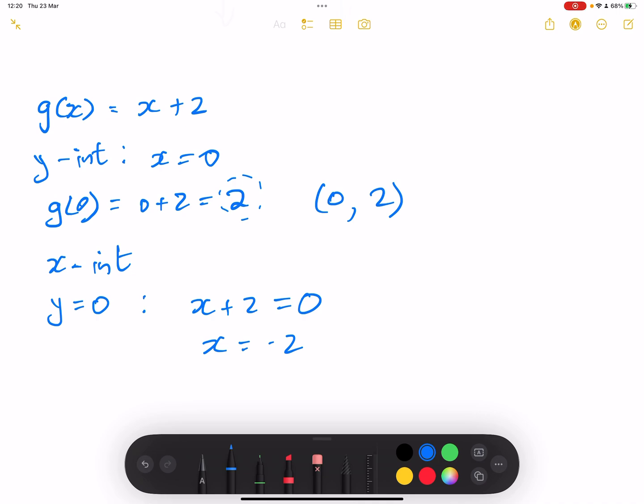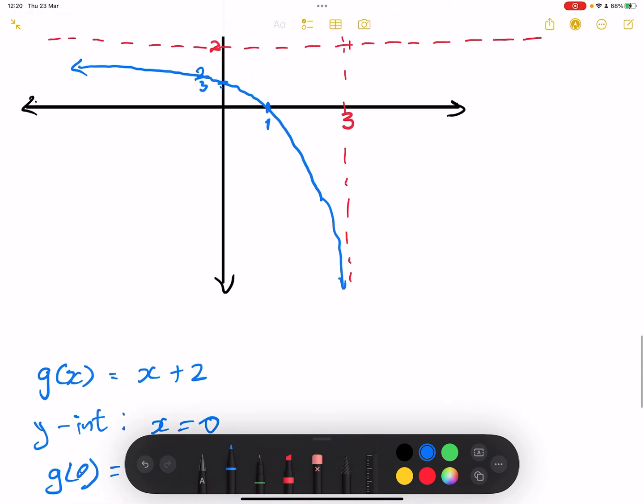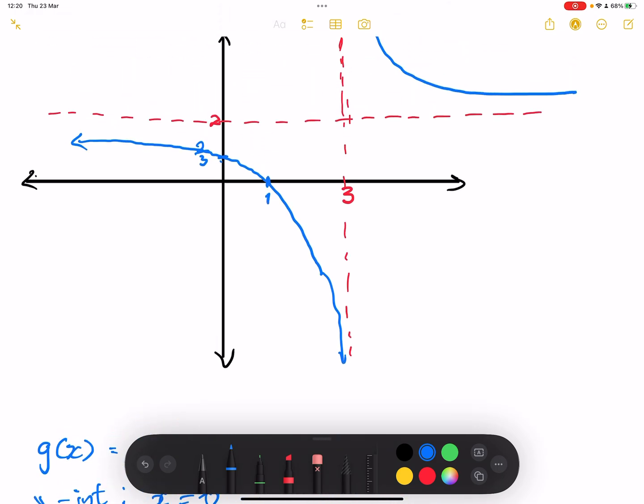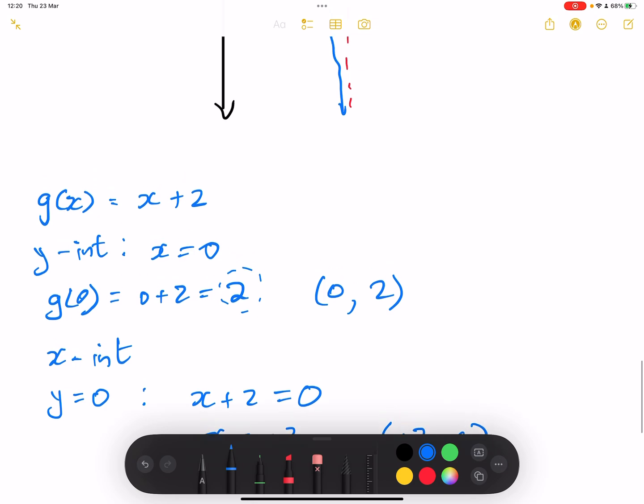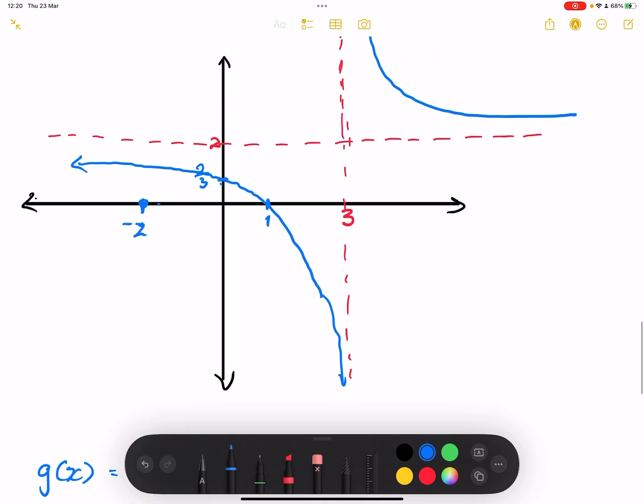So in this case, it will also cut where x is equal to -2 and 0. So let's draw our graph there. Let's say that's going to be -2 and 0. Our graph is going to cut there, and then it's also going to cut at 0 and 2, which is that point over there.